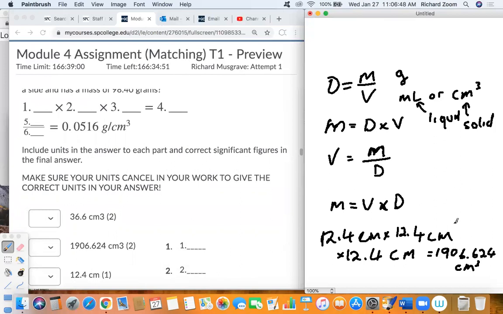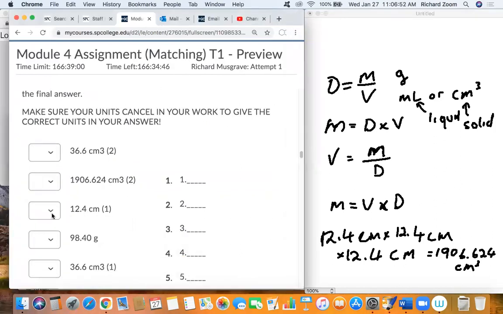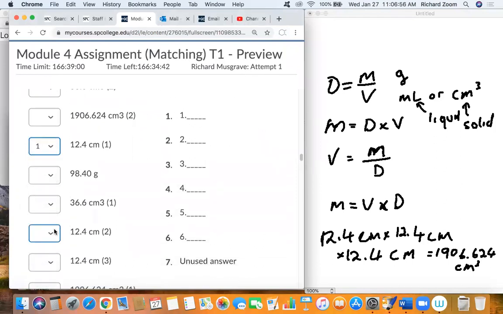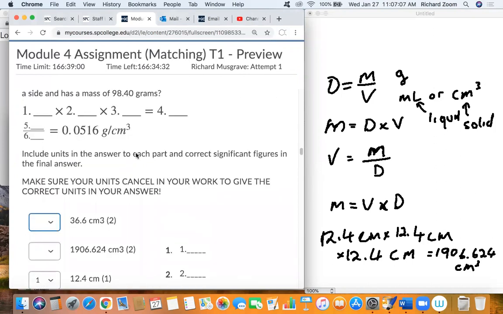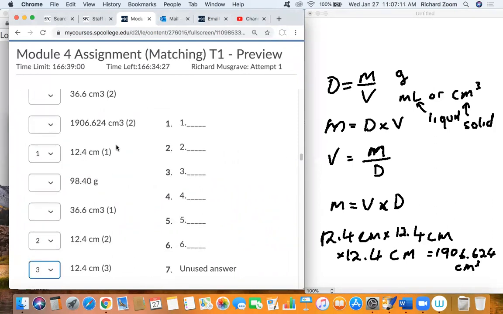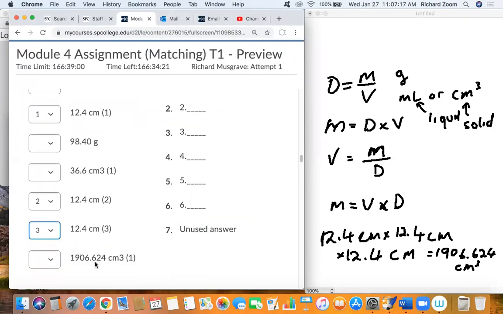But the 12.4 by 12.4 by 12.4, then those need to be in order. So this will be 1, and this will be 2, and this will be 3. And then that's number 4, number 4 is the answer, which is, there's 2 instances of this answer. You've got 1 here, that's number 2, and down here that's number 1. So that's the first one we use.